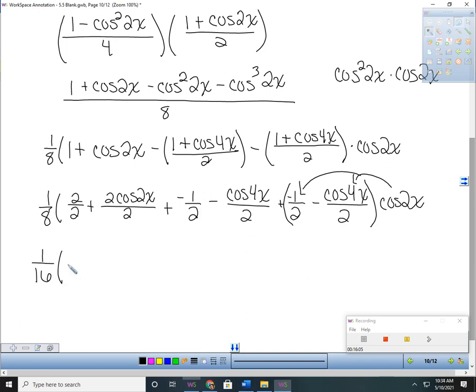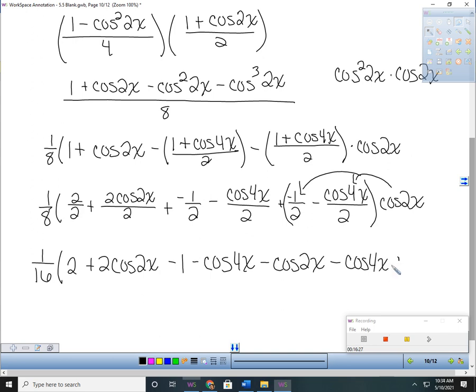So inside I have 2 plus 2 cosine 2x minus 1 minus cosine 4x, and then distribute here, minus cosine 2x minus cosine 4x times cosine 2x.